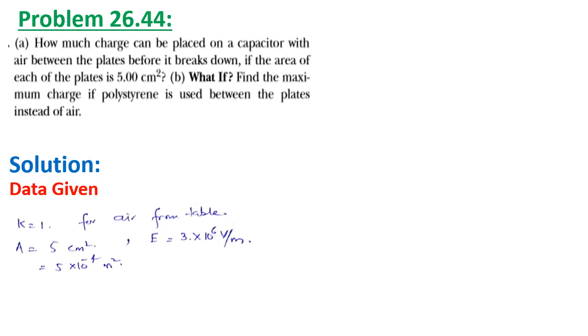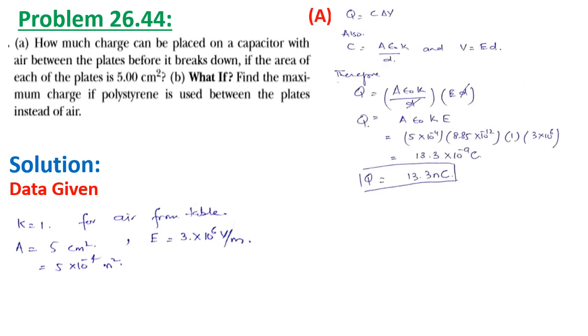Now I am interested in calculating the maximum charge before it breaks down. So I know that Q is equal to C delta V, and also I know that C is equal to A epsilon K over D, and V is equal to ED.